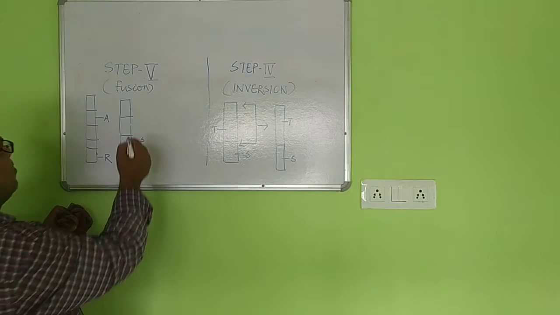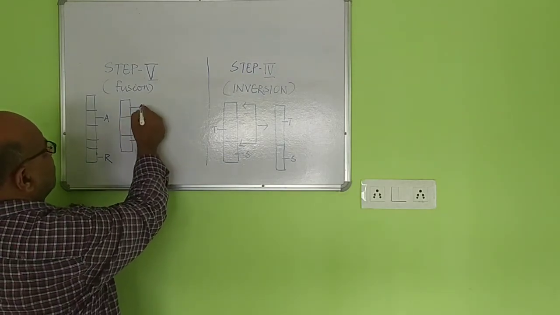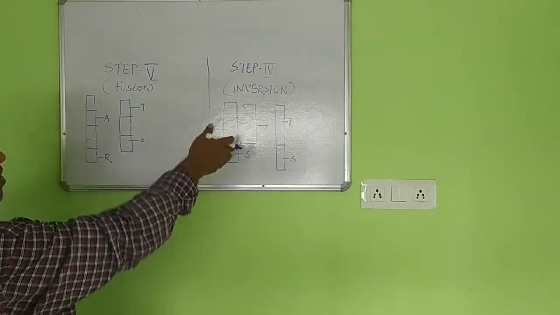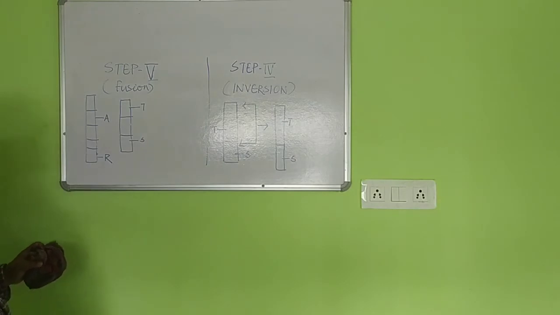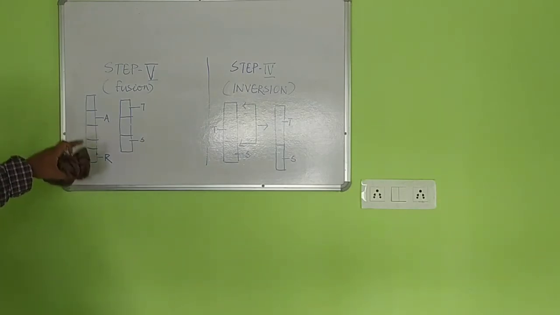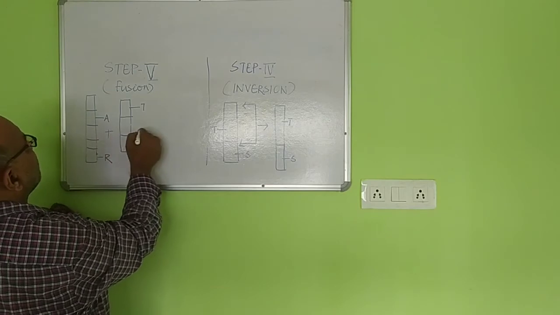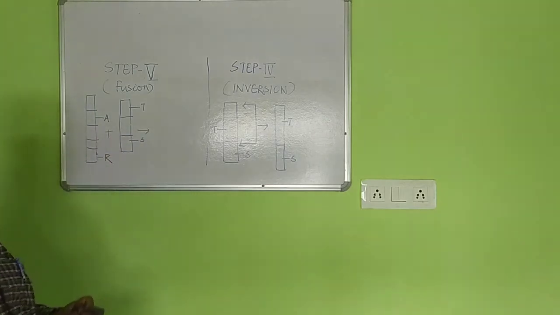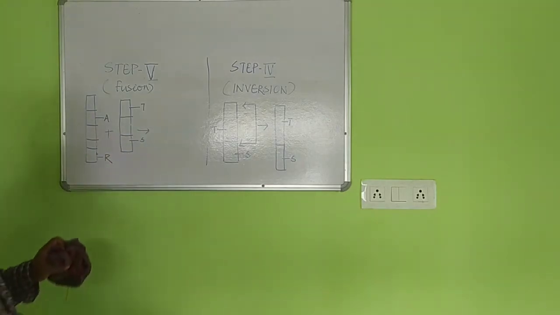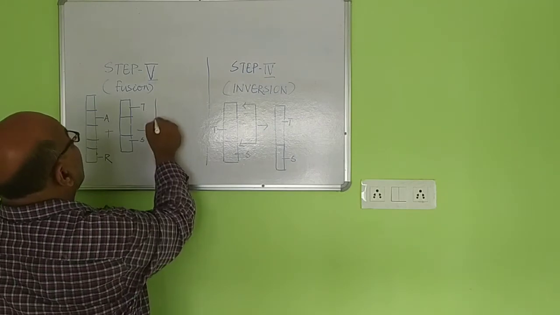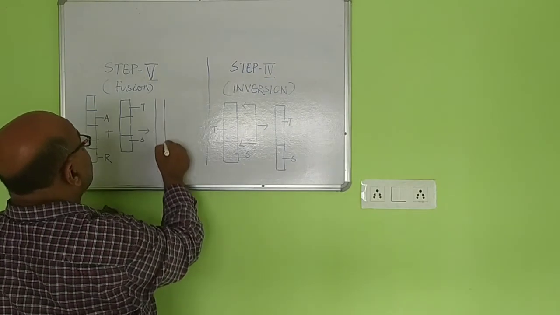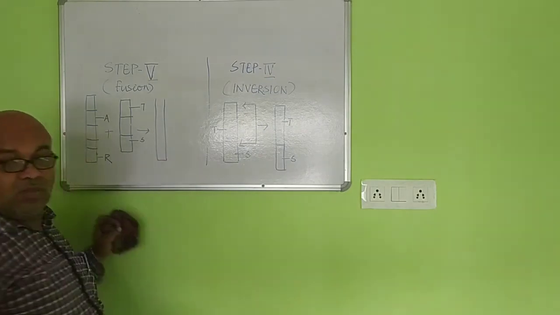Then this one is the T. And this chromosomal body has the A and R. Then when they are fused with each other, what will happen in there? You find an elaborate chromosome.